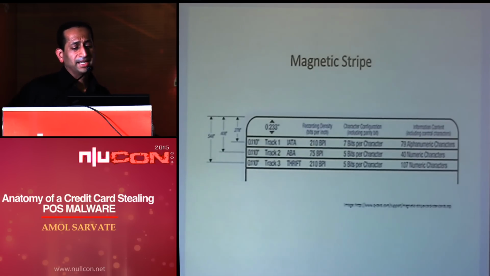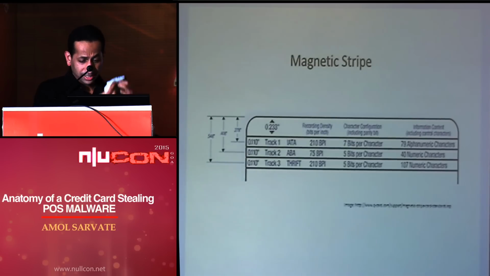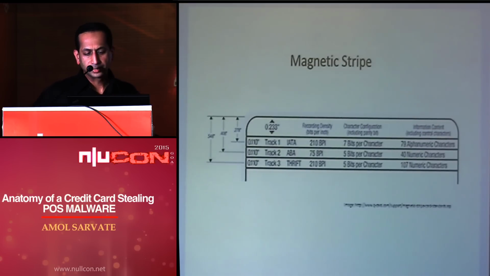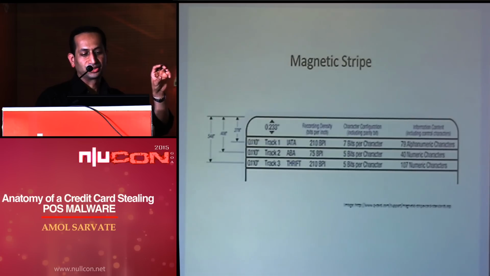So on the magnetic stripe, you usually have 3 tracks. Track number 1 can store about 210 bits per inch. This basically defines the density of data that can be stored on that magnetic stripe.